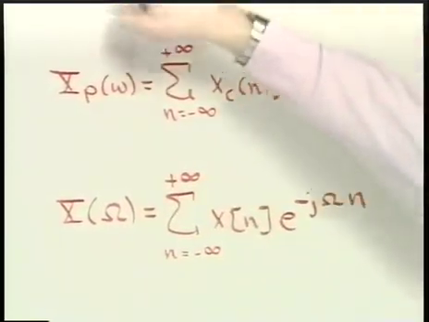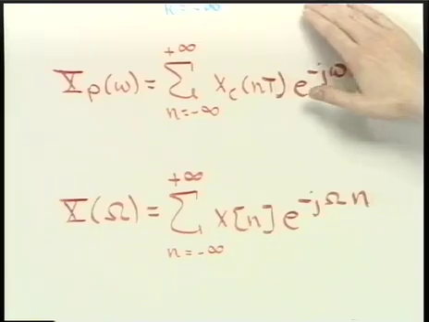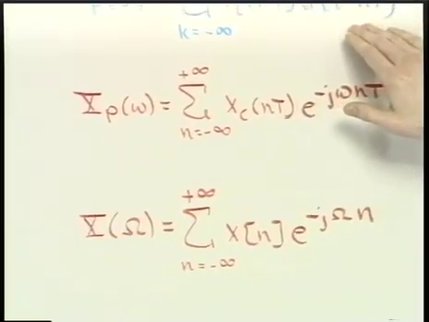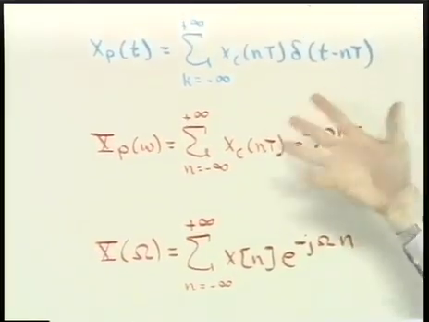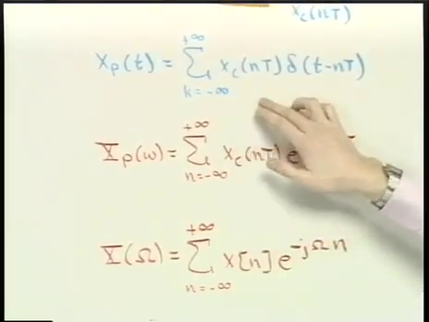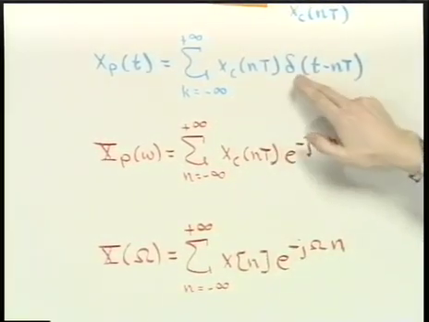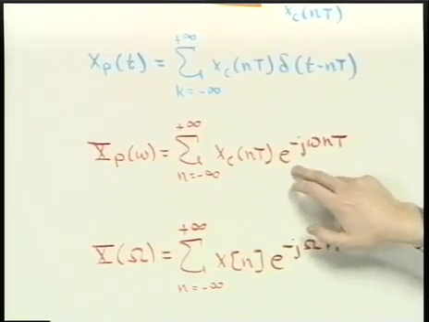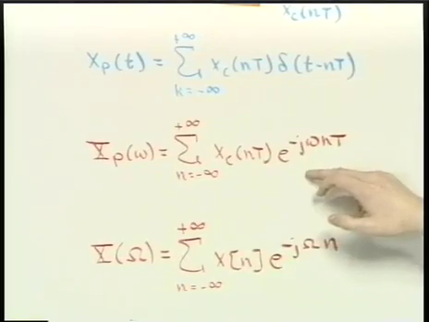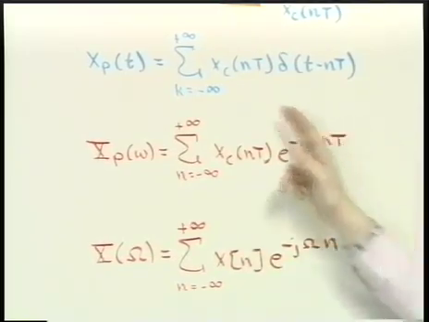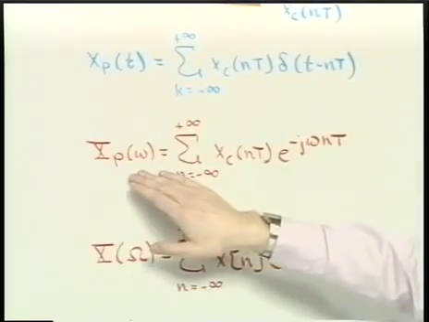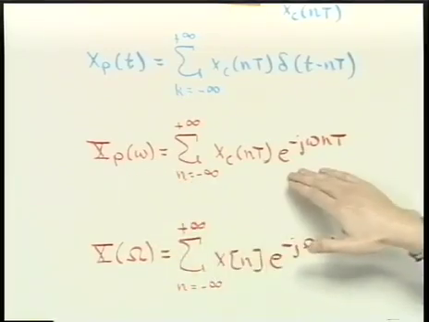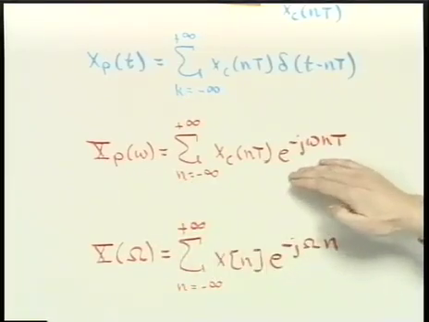And since this corresponds to an impulse train, the Fourier transform by the time we change some sums and integrals will then have this impulse replaced by the Fourier transform of the shifted impulse, which is this exponential factor. So this expression is the Fourier transform of the impulse train, the continuous time Fourier transform.